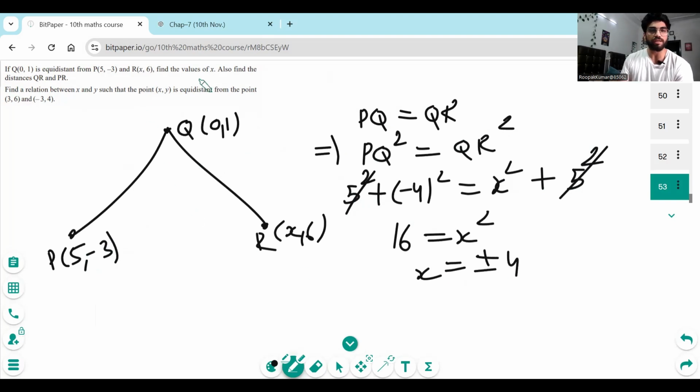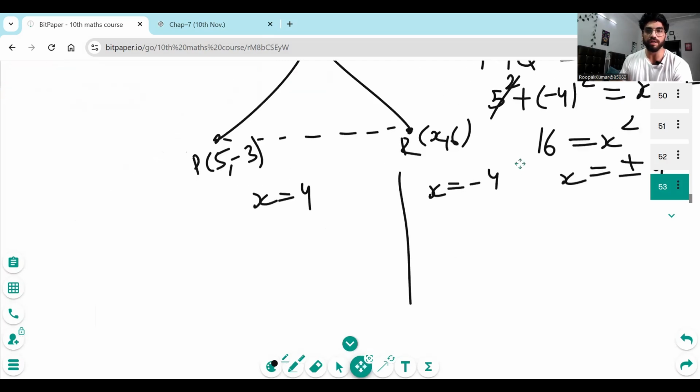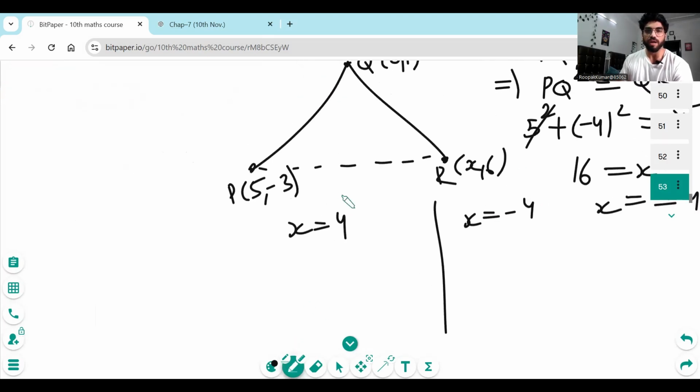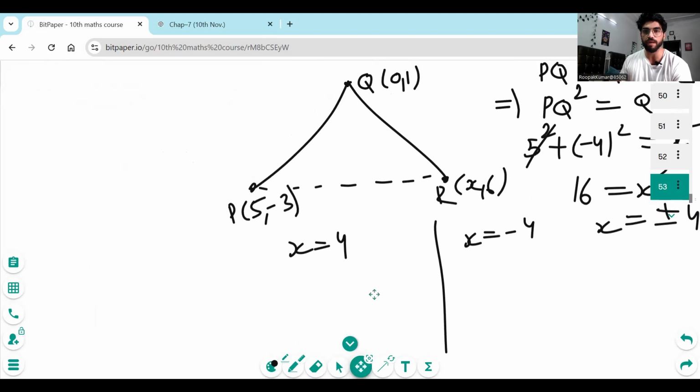It is asking us to also find QR and PR. Now, one time x will be taken as 4 and one time x will be taken as minus 4. So QR and PR also we have to find. Let's take R as 4. If x was 4, what will be my QR?